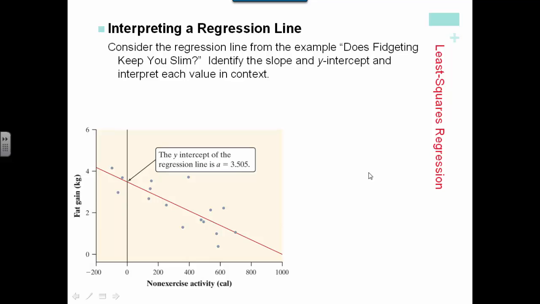Consider a regression line from the example, does fidgeting keep you slim? Identify the slope and y-intercept and explain what each value means in context. So here it is in context. Our y hat, which is fat gain, equals 3.505 minus 0.00344 times the amount of non-exercise activity change.